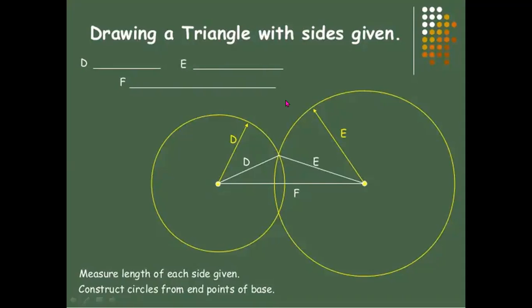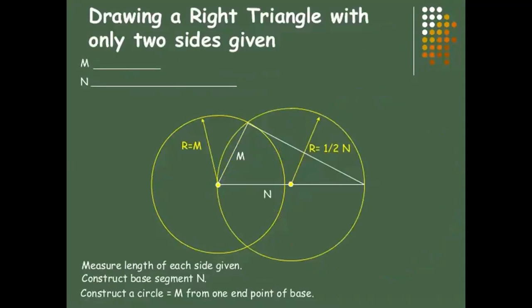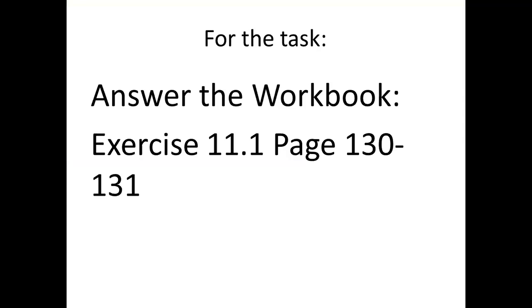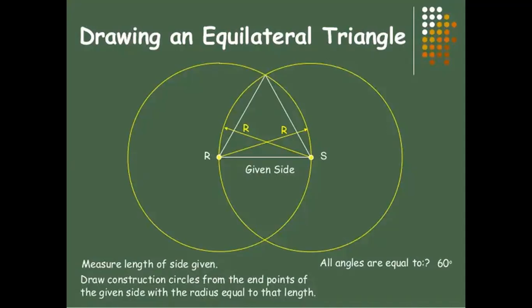That's very basic. This is also a right triangle. And this one, equilateral triangle. Of course, an equilateral triangle has exactly the same length of its sides, and since the sides are equal, the angles are also equal.